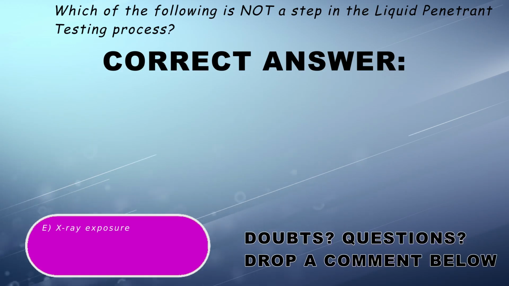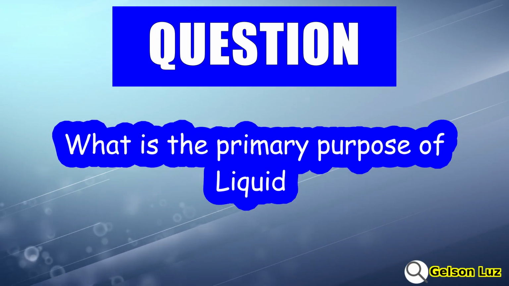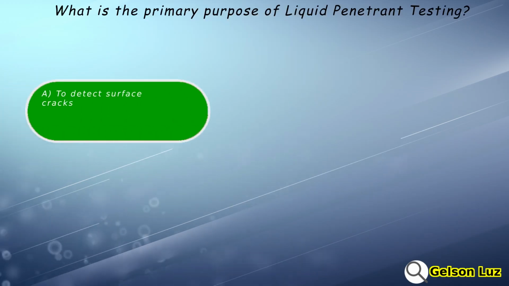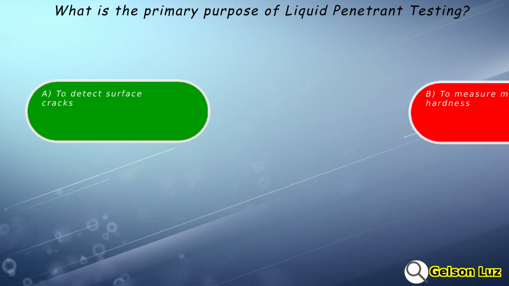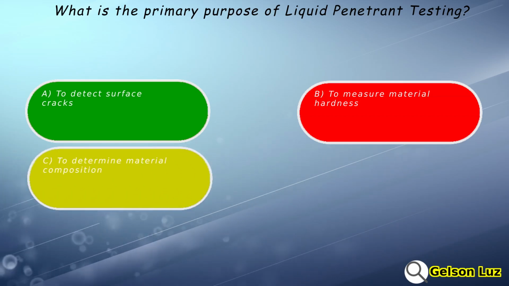X-ray exposure. What is the primary purpose of liquid penetrant testing? A. To detect surface cracks. B. To measure material hardness. C. To determine material composition.